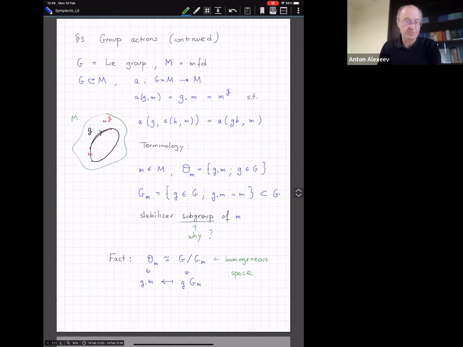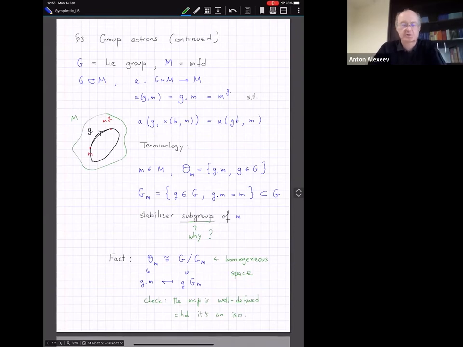Again, here maybe it's a good idea to check that the map is well defined, and that it's an isomorphism.